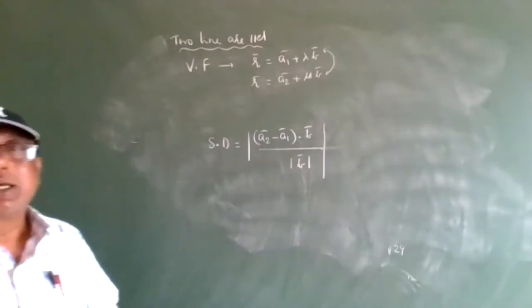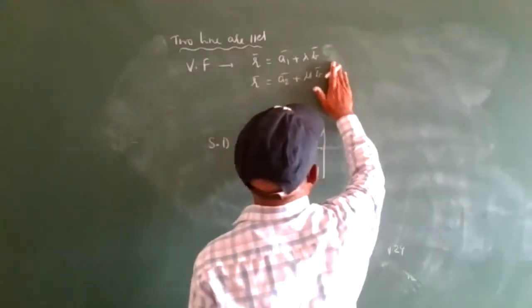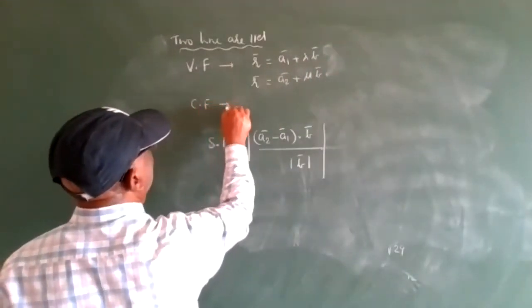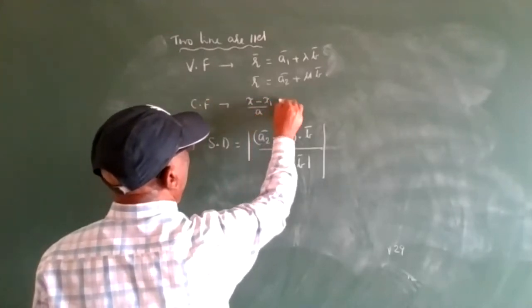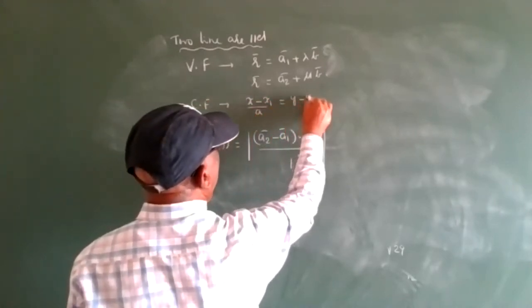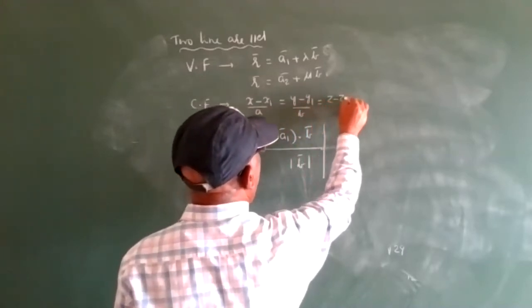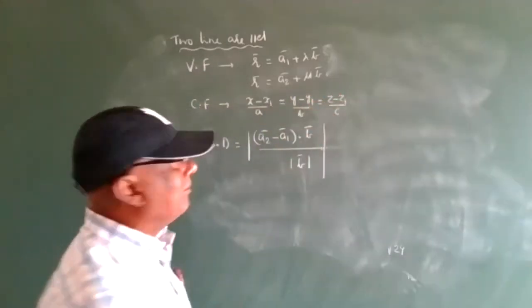Okay? So the Cartesian equations, I will write them here. Everyone, see the Cartesian form of the line: x minus x1 by A, y minus y1 by B, z minus z1 by C. The point is different, the direction ratios are the same.